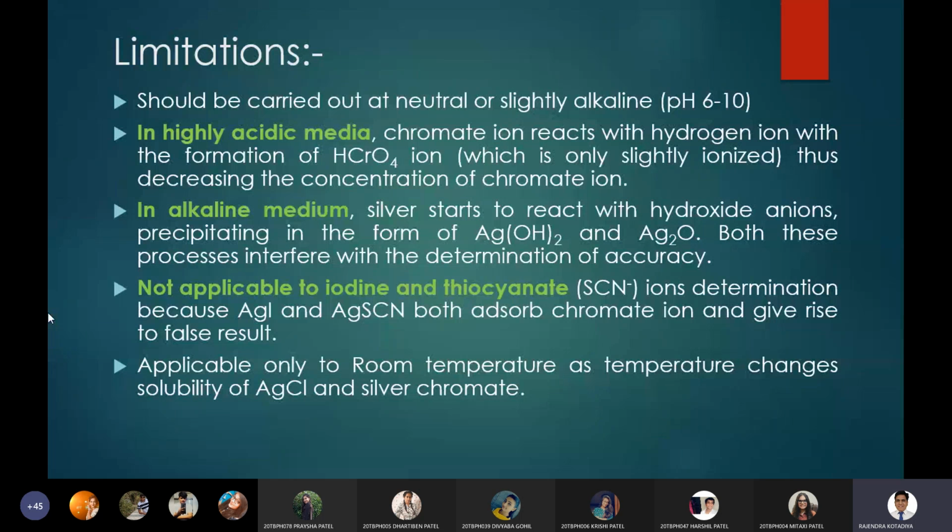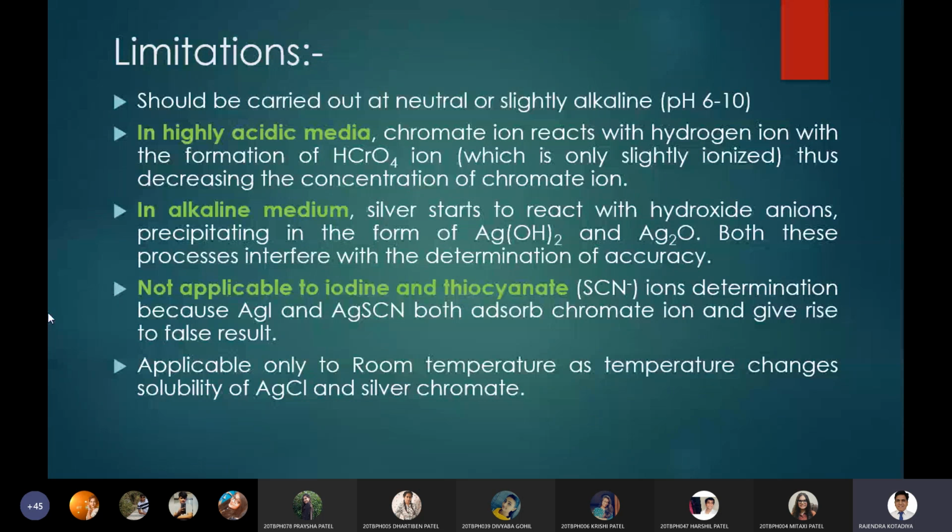In next lecture, we will see different types of precipitation titration. આજે આપણે મોર્સ મેથડની વાત કરી છે. In the next lecture, we will talk about Volhard's method and Fajan's method. Total three methods are there in precipitation titration.